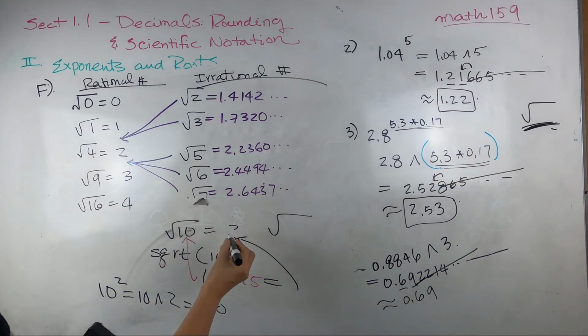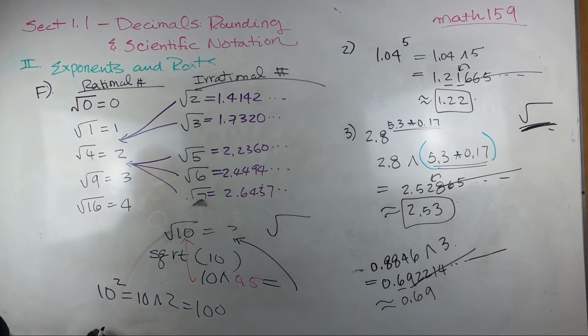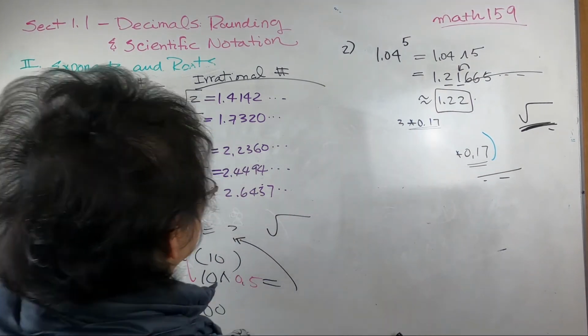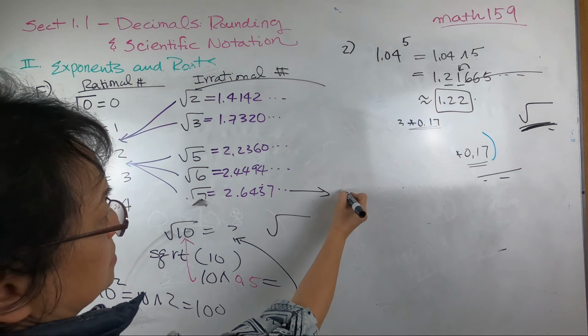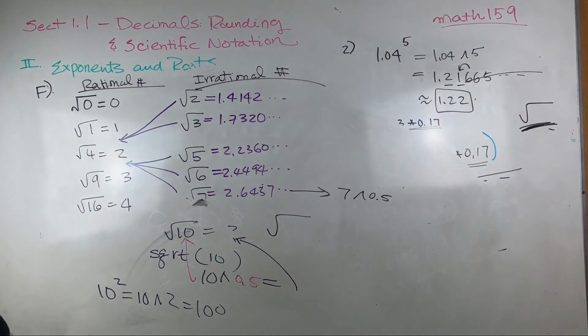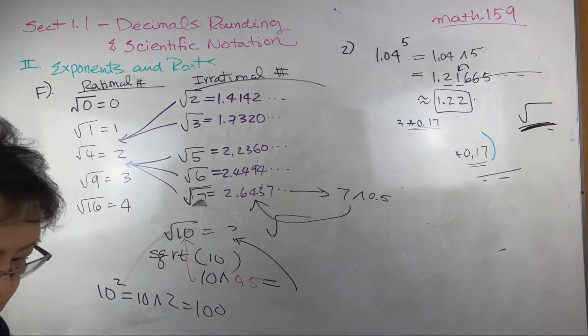So for square root of 7, say, what do you do? You can do that way as well, okay? You do 7, then the power, 0.5, and same thing as you use this symbol, you should get the same answer.